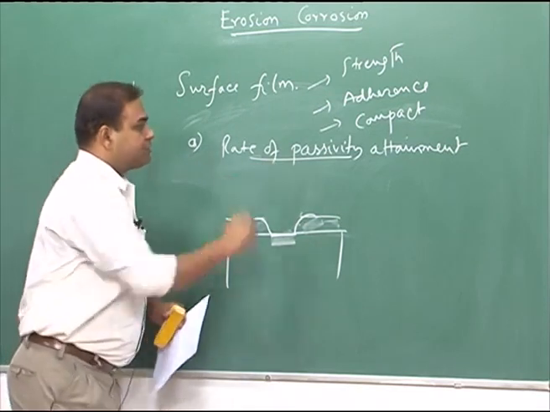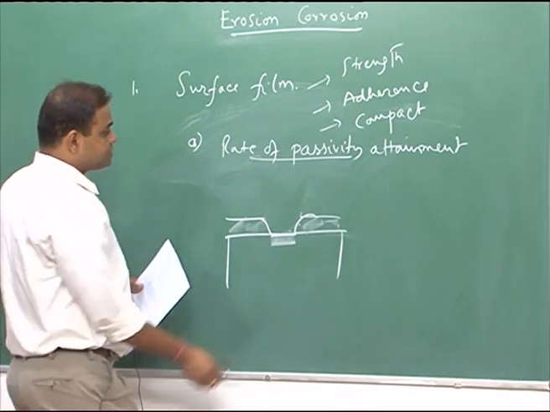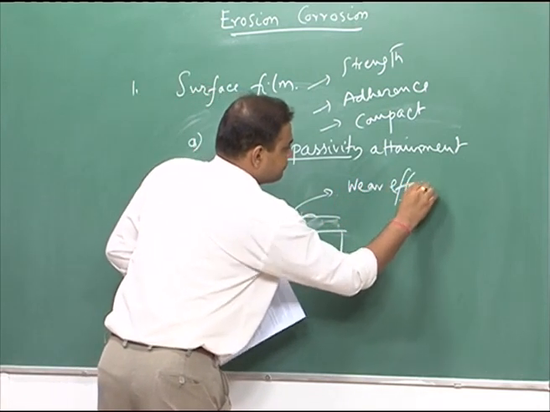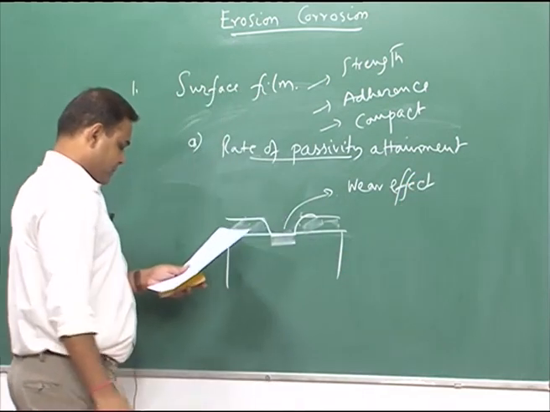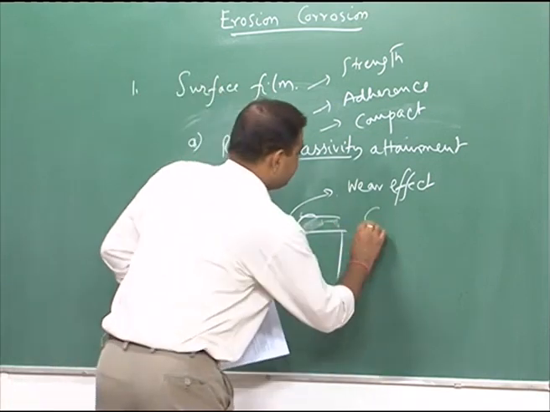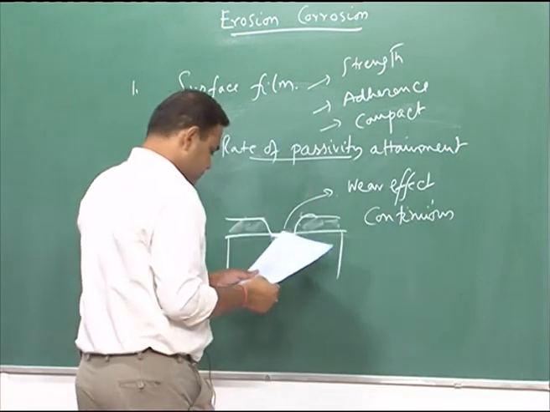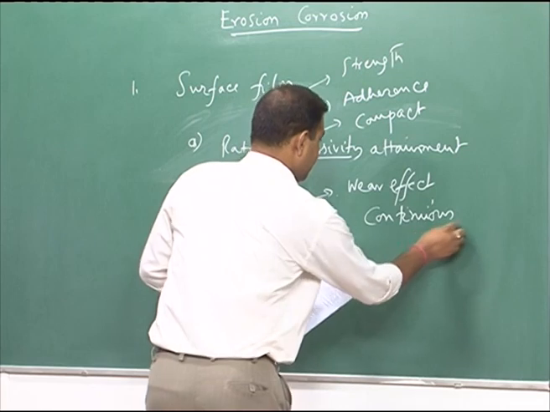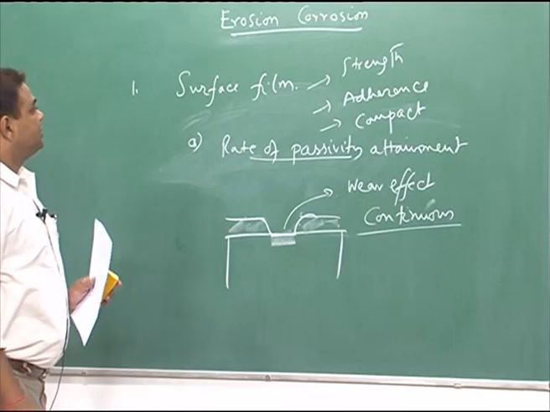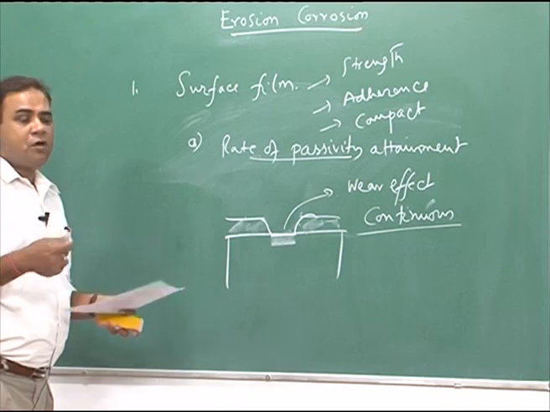So, the quickness of attainment of passivity, and of course, its strength to resist wear effect, and of course, the continuous nature of the passive film, those will decide the erosion corrosion resistance of a particular metal or alloy.